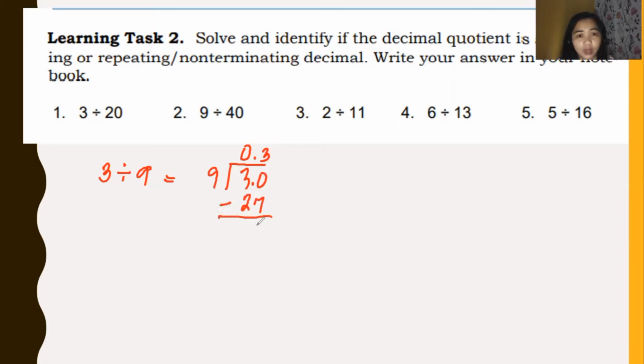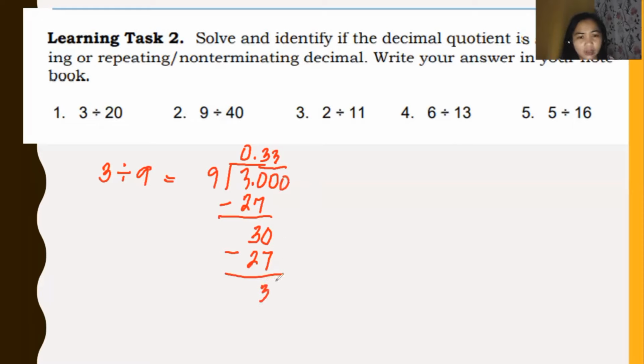And then subtract. 30 minus 27 is 3. Add another 0, bring down 0. 30 divided by 9 is also 3. 3 times 9 is 27. Subtract 30 minus 27 is still 3.